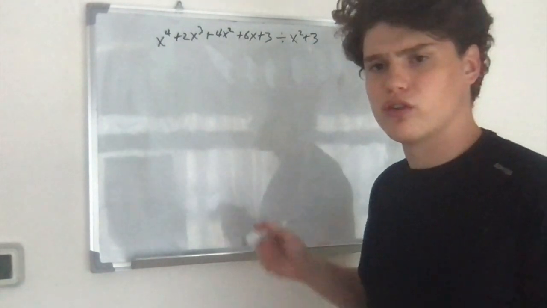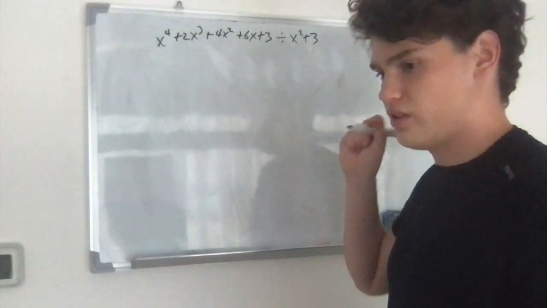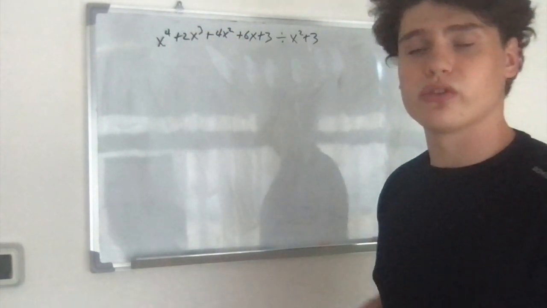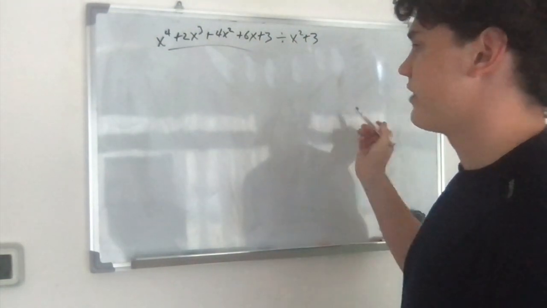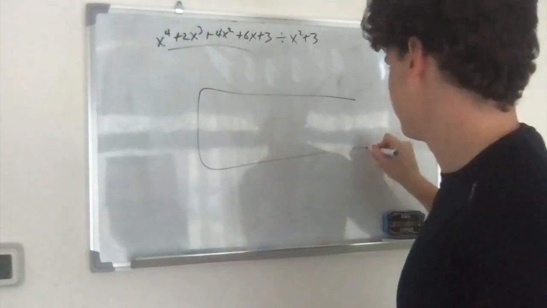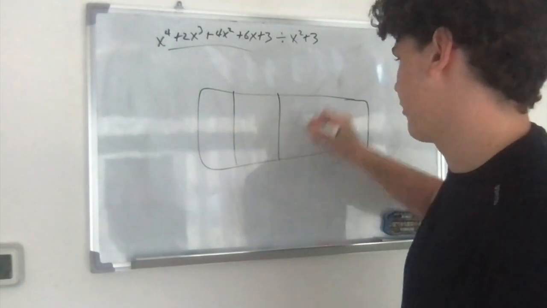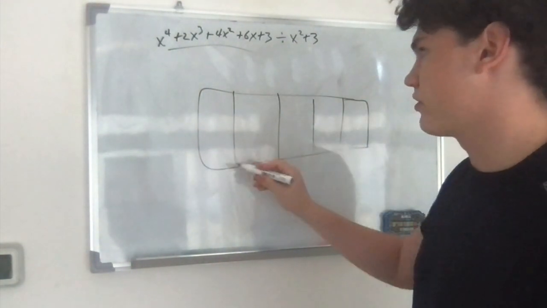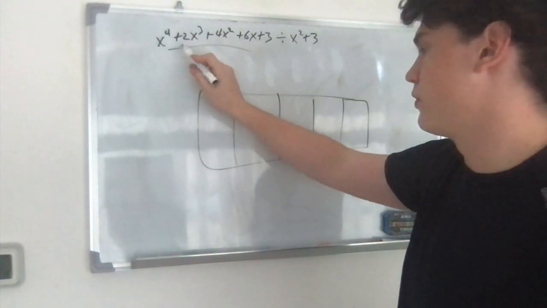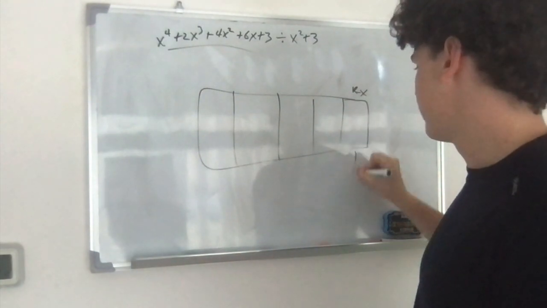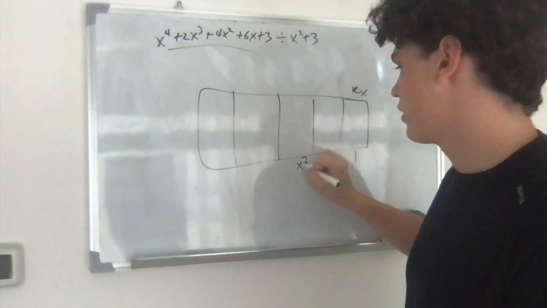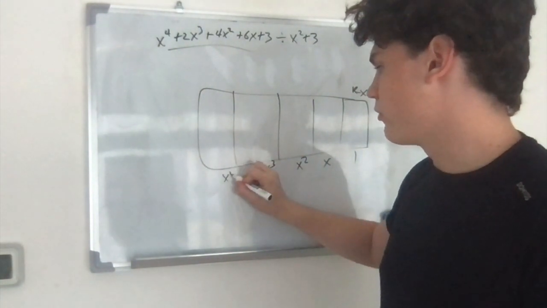Well, in mathematics, you have to describe the problem in the way you want to solve it. So let's describe this polynomial in the x-1 machine. It'll have to have 5 boxes because it's a 4th order polynomial: this 1, x, x squared, x cubed, and x to the power of 4.